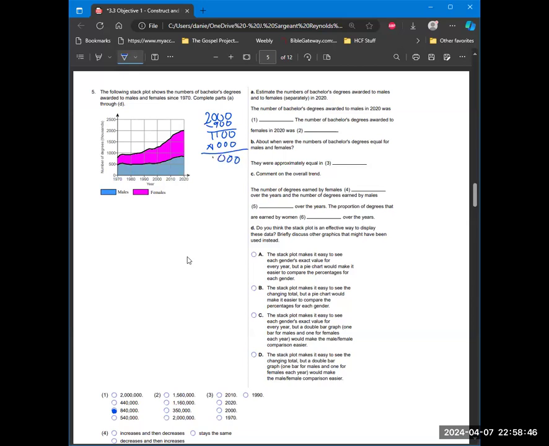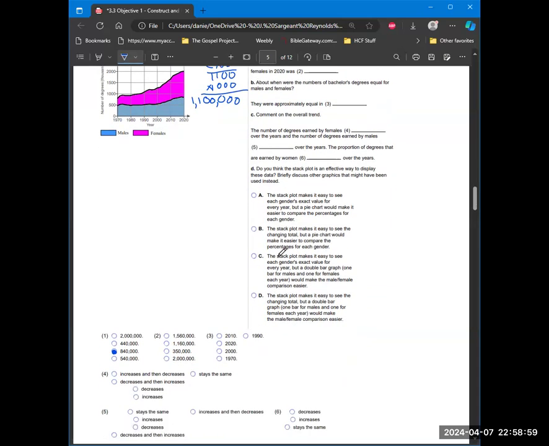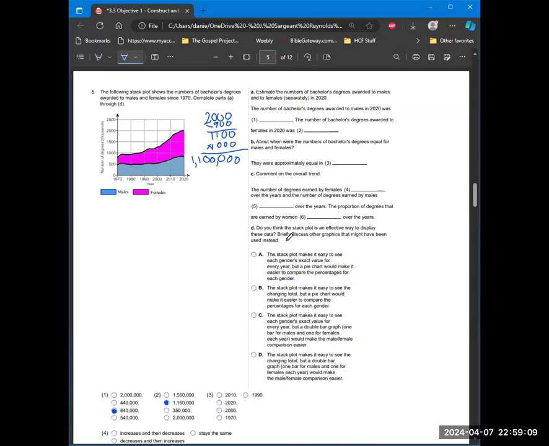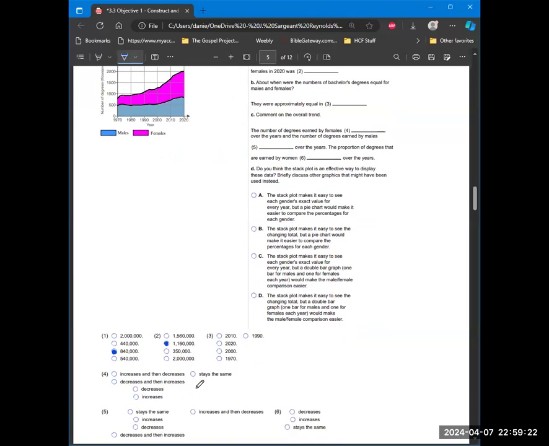So 0.0011, and this is maybe 1.1 million. So that looks like right there, 1,160,000. Again, you can see that would have been really hard to just eyeball without a multiple choice option here, but we could estimate it and then see which answer looked the best.